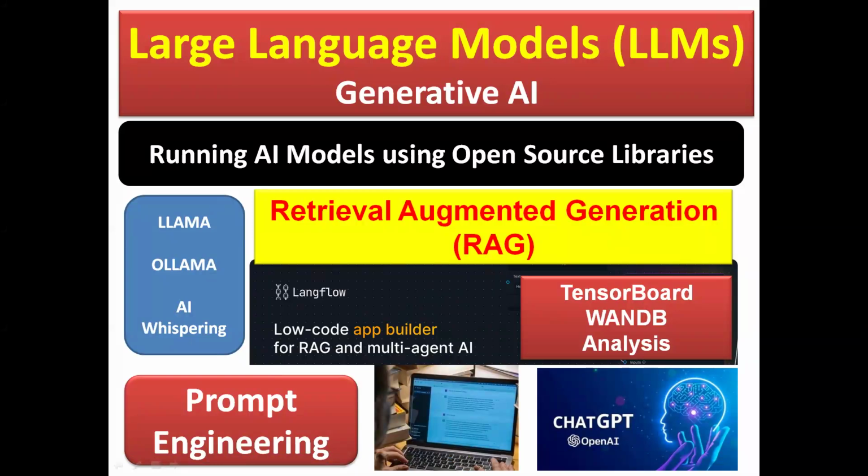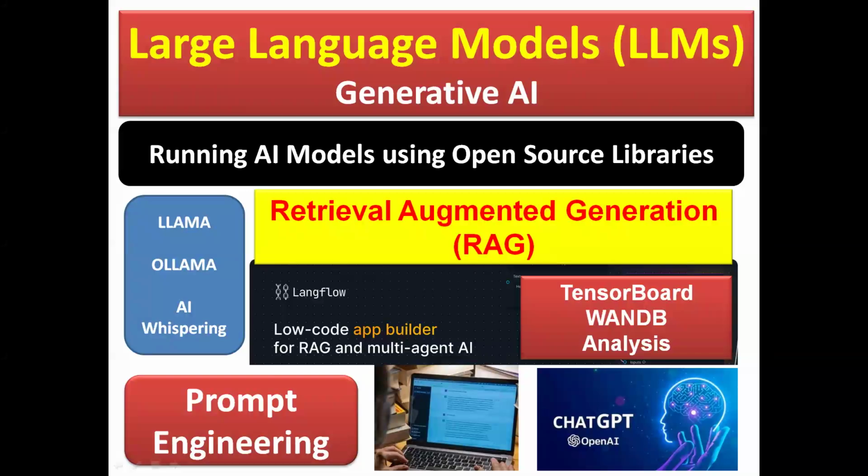Every day you may be going through different news articles that top level companies are firing programmers, they are firing data analysts, they are firing so many technical experts, IT professionals, because of AI.